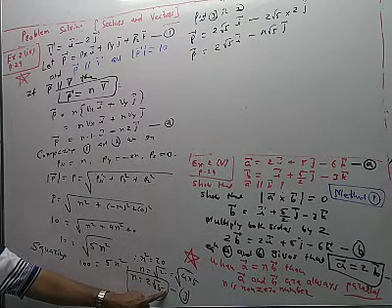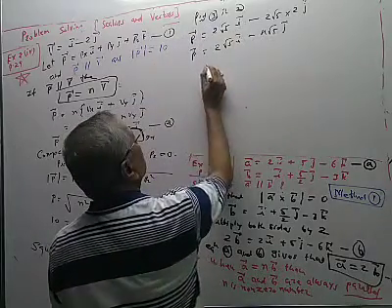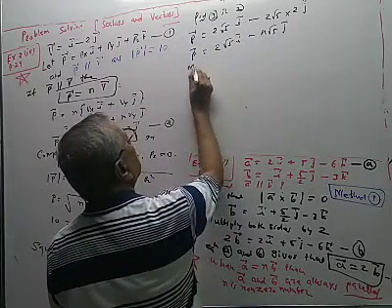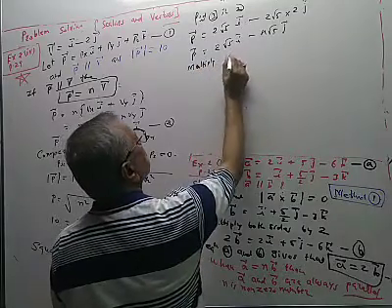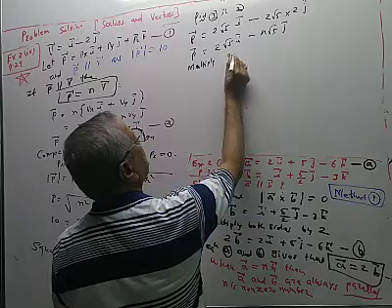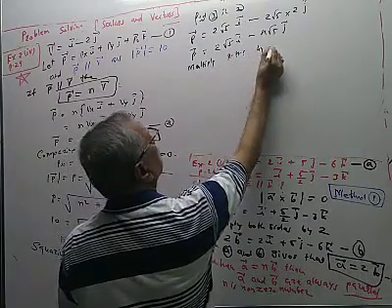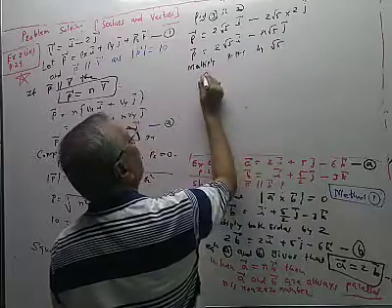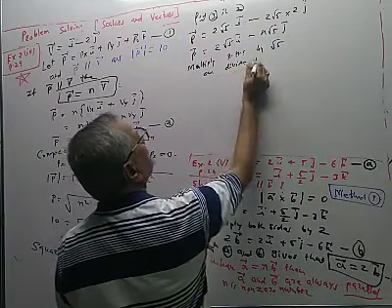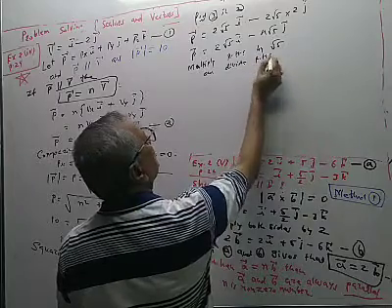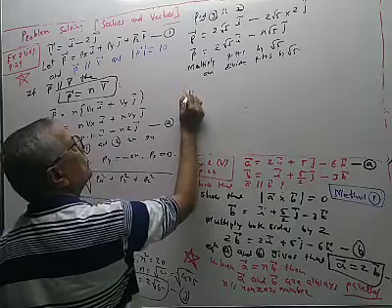We multiply the RHS by root 5 and divide the RHS by root 5, so there is no change.